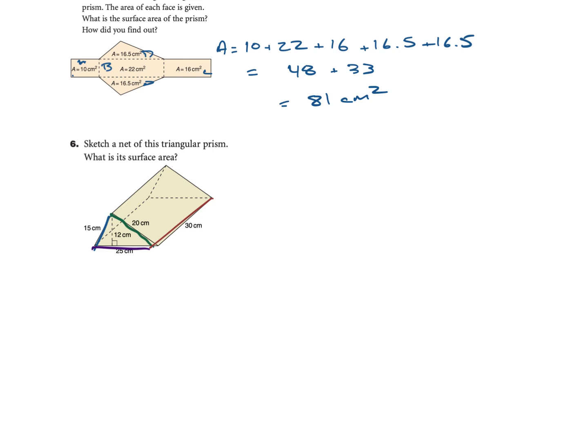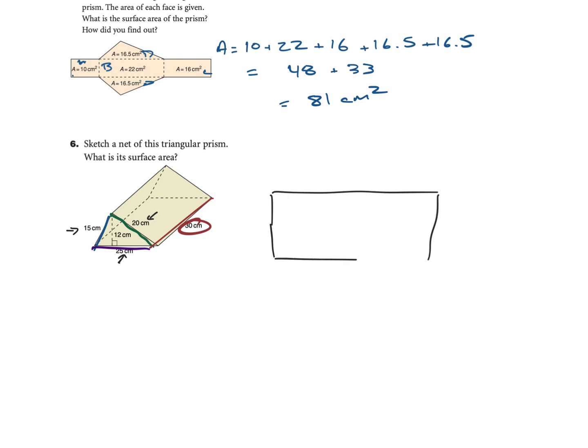Okay, so I've got a bunch of different measurements there, but my rectangles are all going to have this 30 centimeters in common. And then each one of the rectangles is going to have the 15, 25, and 20 as their other dimensions. So we're going to have three different rectangles. So I'm just going to draw this real quick.